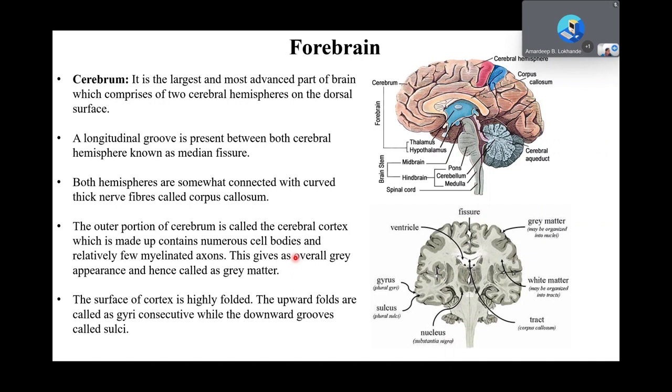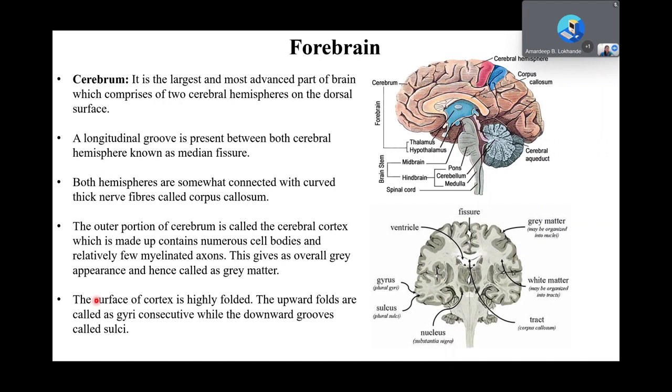The cerebral cortex is made up of multiple cell bodies, and they have few myelinated axons. Basically, they have mostly cell bodies which carry out the information. That is why they have this gray material, because myelin sheaths are white in color. Because they have fewer myelinated axons, which relay the information, they have no myelin sheath on them.